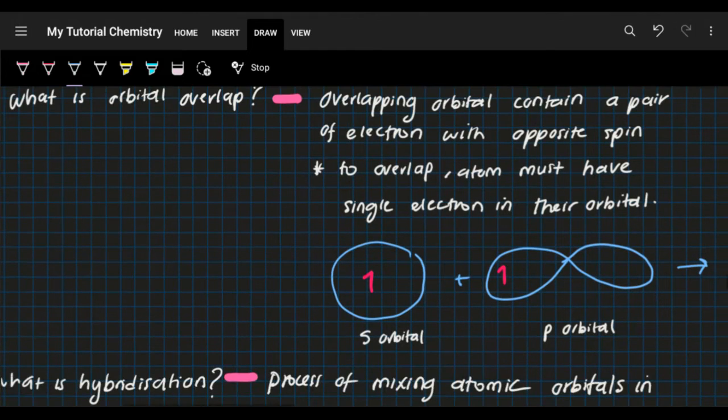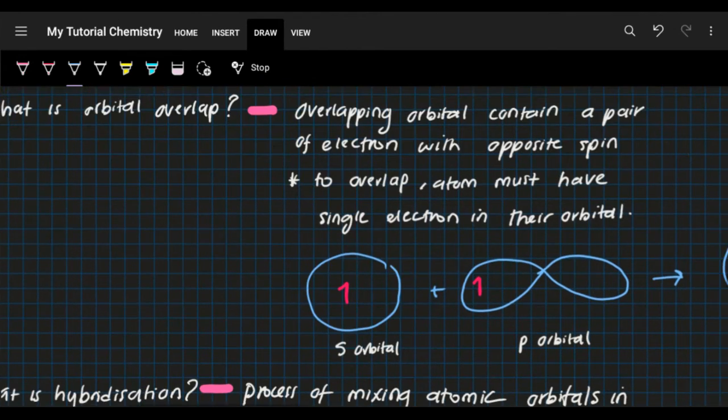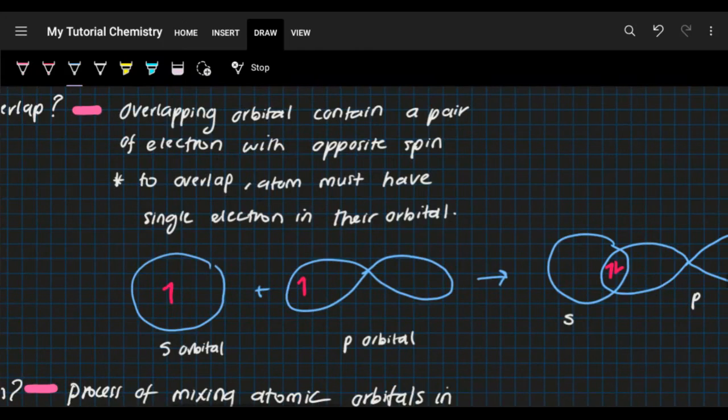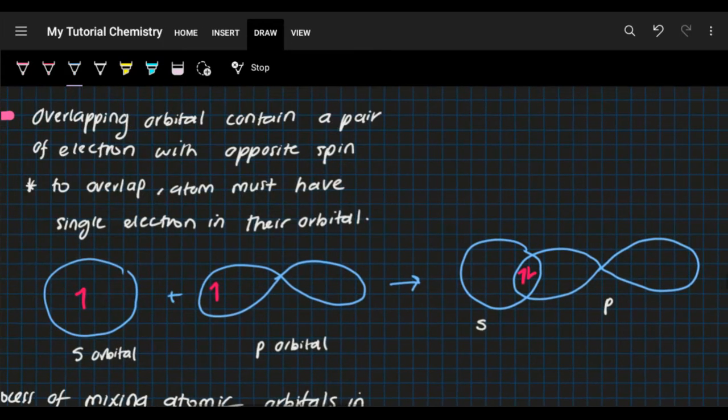As an example, an s orbital overlaps with a p orbital to form a new compound.